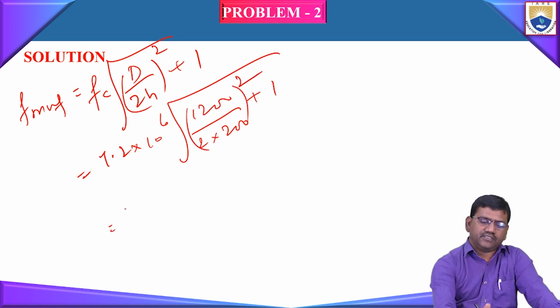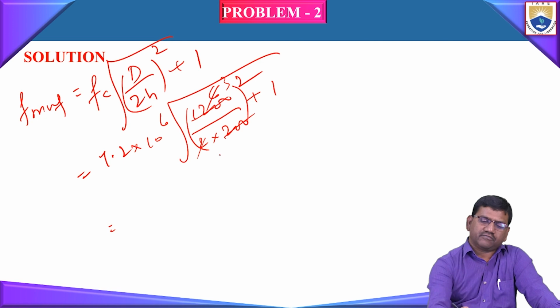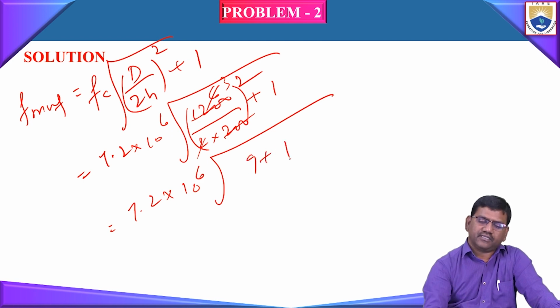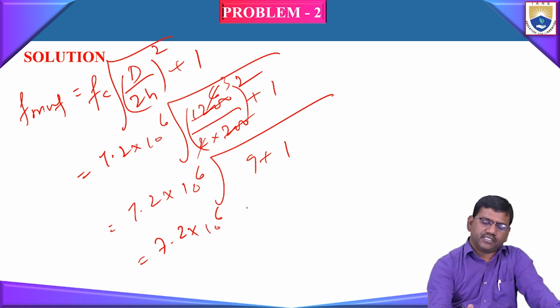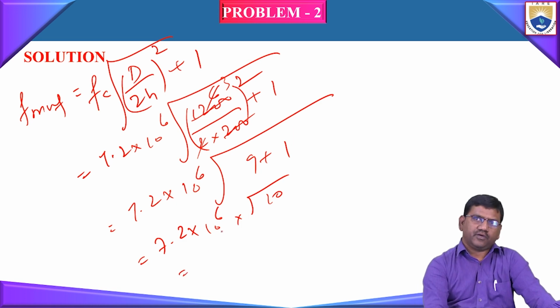So if we simplify this, you will get 1200 by 2 into 200, which is 6 by 2, that is 3, and 3 square means 9. So 7.2 into 10 power 6 into root of 9 plus 1 here. So this is equal to 7.2 into 10 power 6 into root 10. Root 10 means you will get approximately 3.3 something like that.